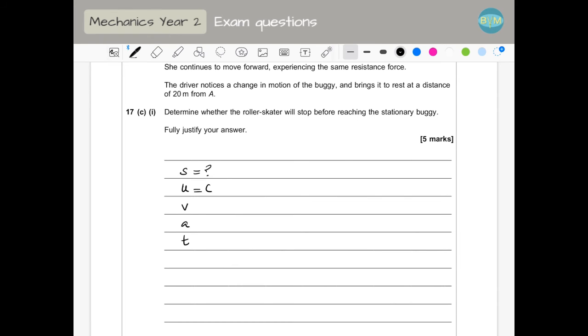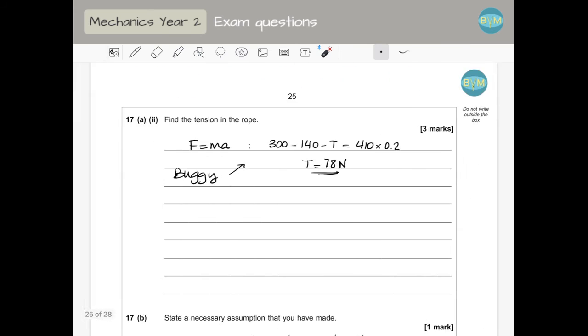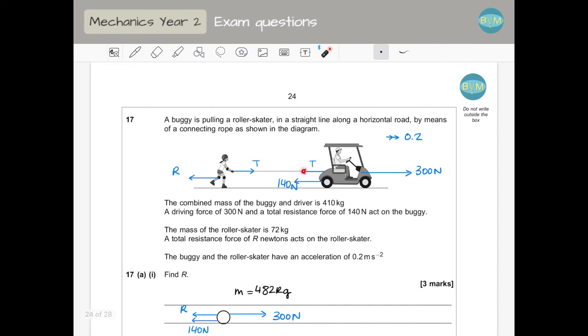Initial velocity is 6, final velocity is 0. We don't know this acceleration, so this acceleration is the deceleration of the skater. So once there is not a string pulling, we don't have this acceleration anymore. So this roller skater is going to decelerate until he or she stops. So we need to find that deceleration.